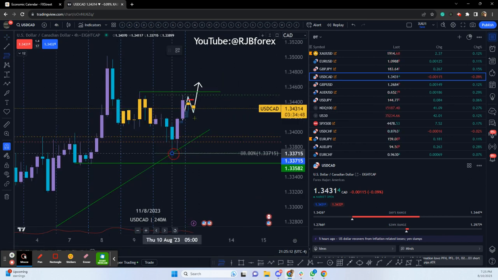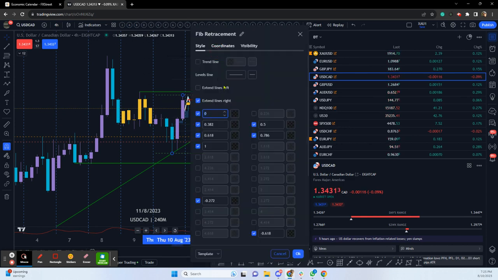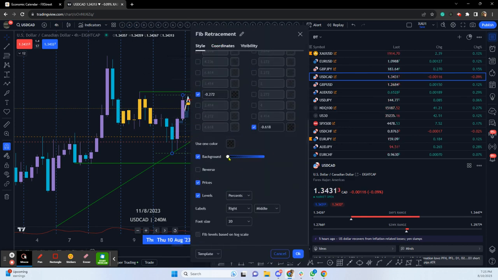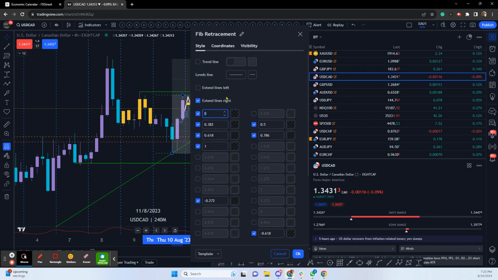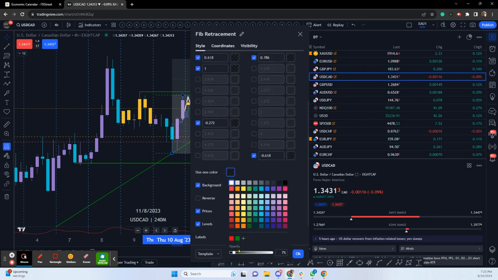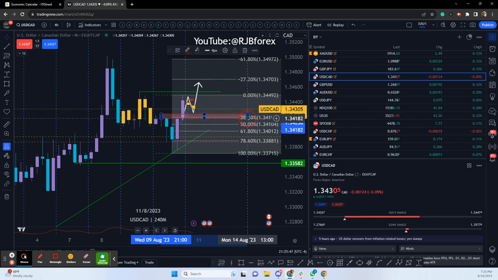On the 4-hour chart, we can measure the Fibonacci. You can barely see it there because I've darkened it. So a correction to retest the 38.2 that has a confluence with these highs and this value gap between the close and low.